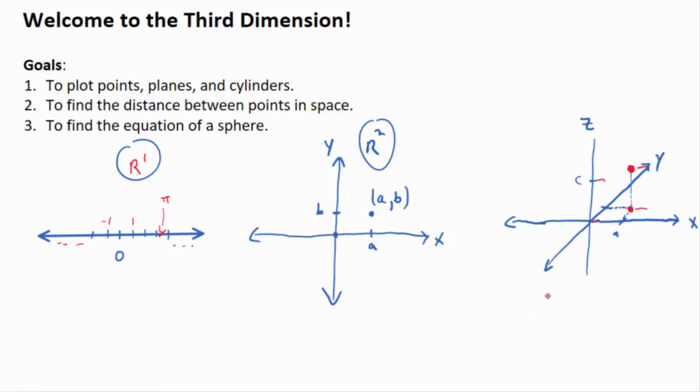I'll say more about that in just a minute. So this is what we call R3. A point could have coordinates A, B, and C. That's x equals A, y equals B, and z equals C. So 3 coordinates to describe a point in space are 3 dimensions.